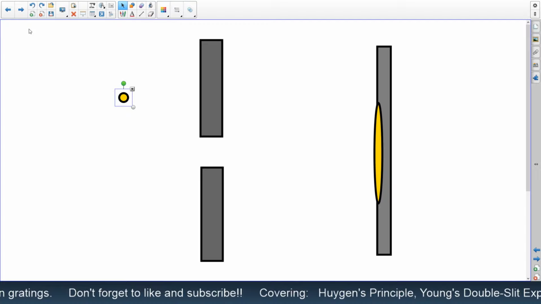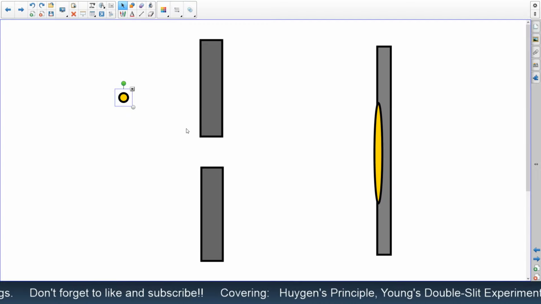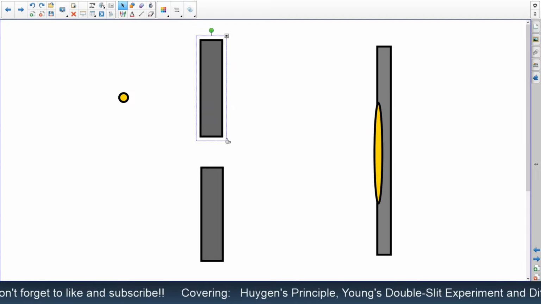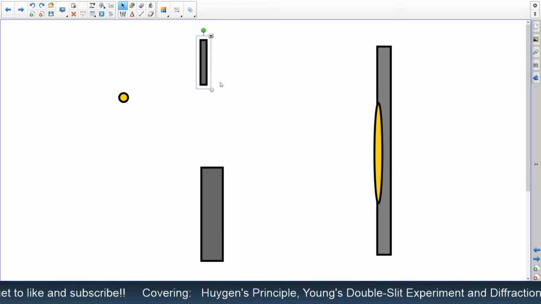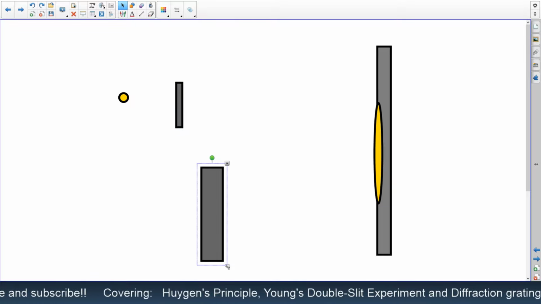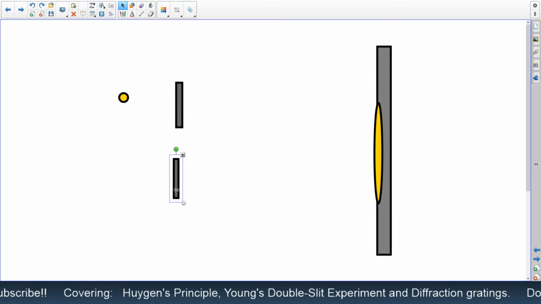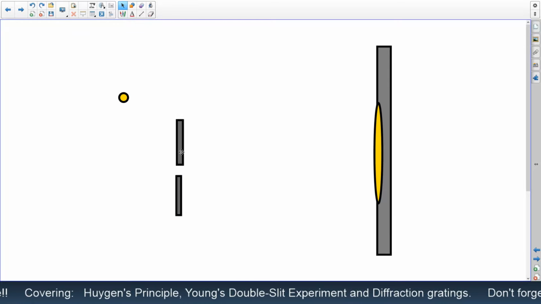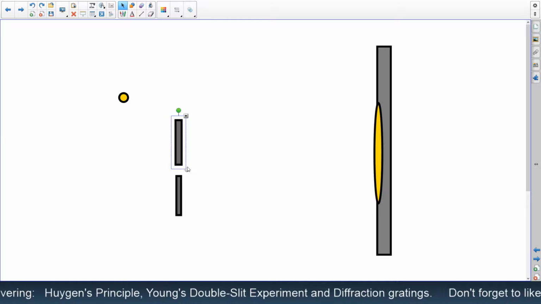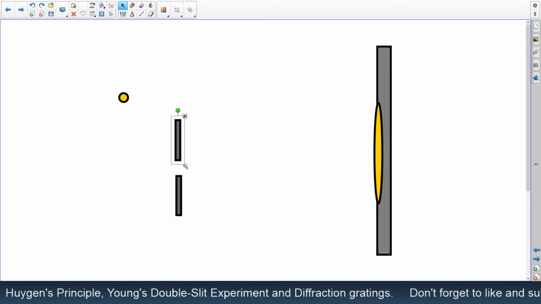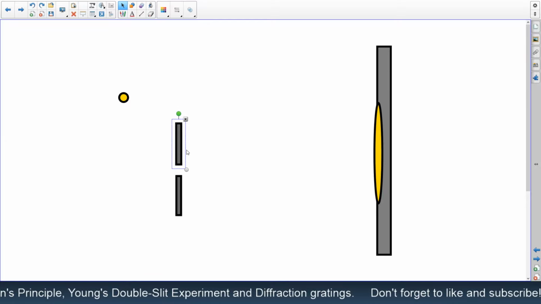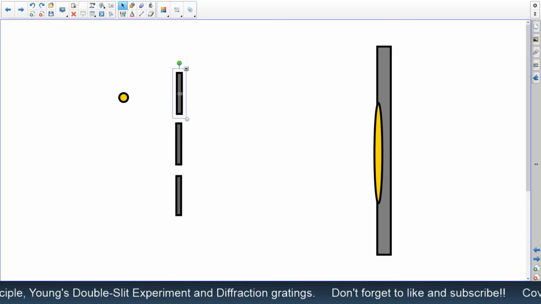The issue was that in 1802, a scientist called Thomas Young came along, and he did something rather interesting, which was that he got a system set up where you had a gap here, which is not particularly interesting, but he had another gap up here.